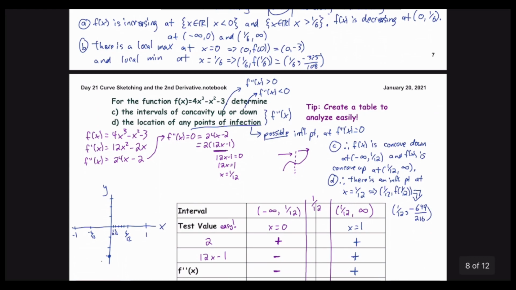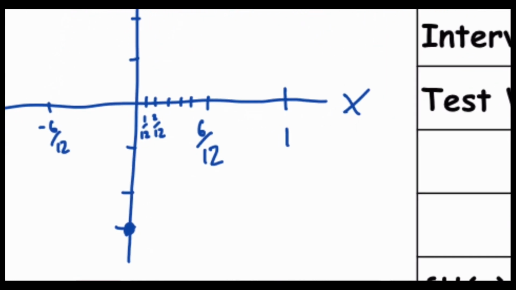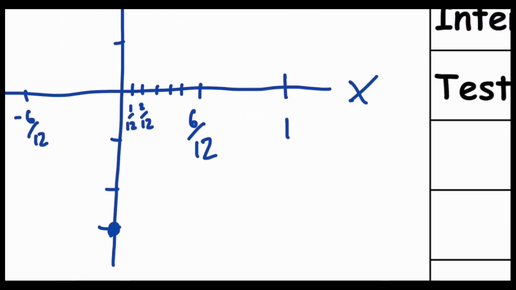Actually, I'm not even going to indicate the curve yet. And there's a local minimum at 1 over 6 and negative 325 over 108. So 1 over 6. So local max and a local min.